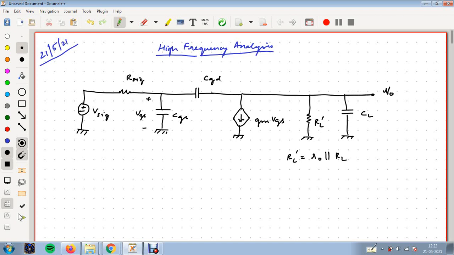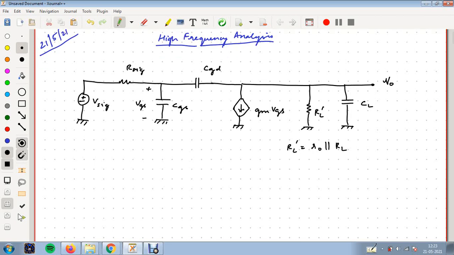Here CL is the capacitance between the drain and the substrate, or drain and the ground, and it is also the input capacitance for the next stage. Remember, these amplifiers are generally used in cascaded stages. So CL here represents two capacitances: one is the drain to ground capacitance, and the other one is the input capacitance of the next stage.